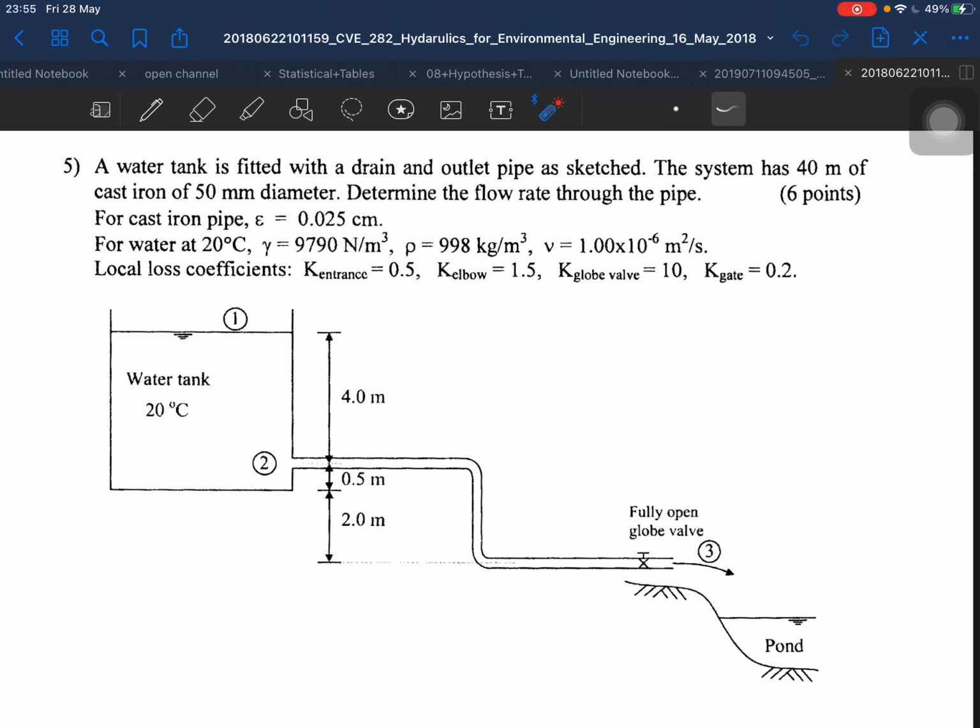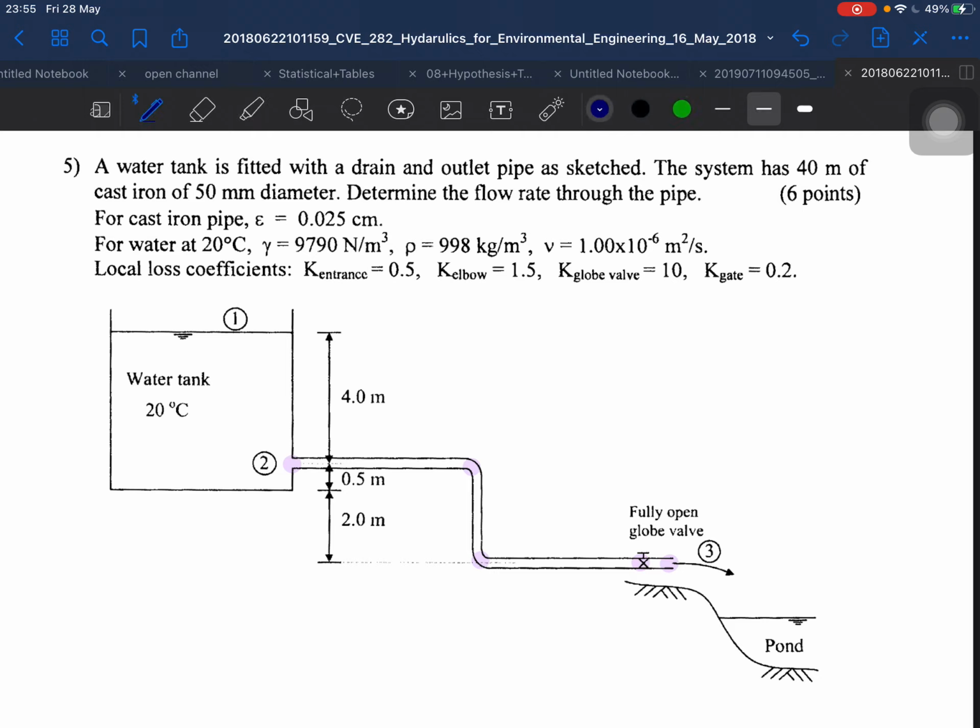Okay, so basically we will calculate the minor loss in the pipe first. We can see that there's the entrance, one, 2, 3, 4, 5. See, there's 5.